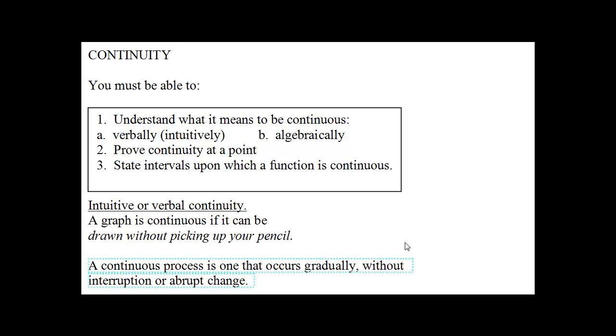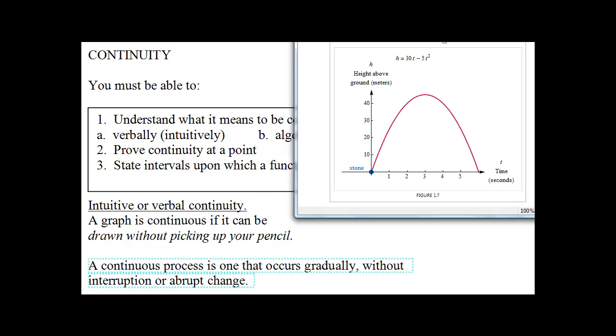I like the explanation that a continuous process is one that occurs gradually without interruption or abrupt change. Here is the graph of a stone being thrown in the air as a function of time. The y-axis represents the stone's height in meters after t seconds from when it's thrown.